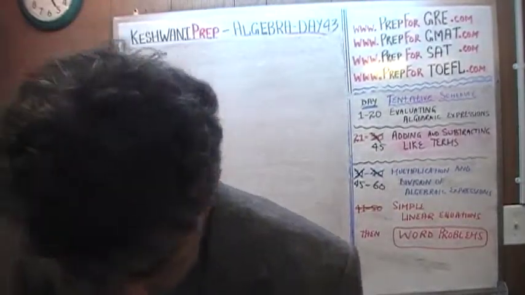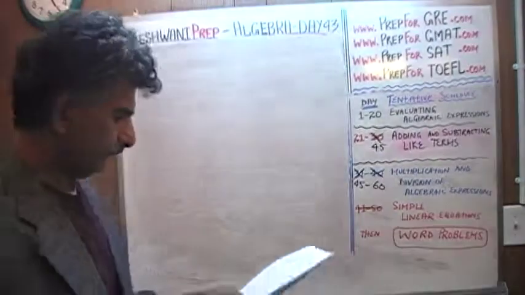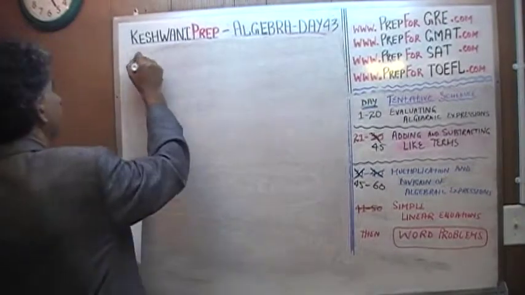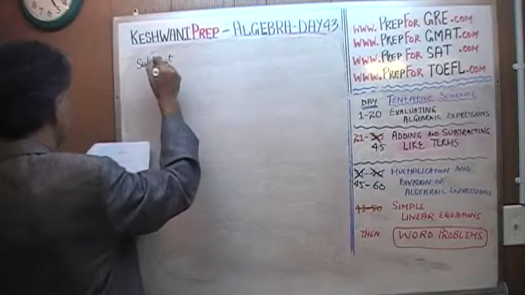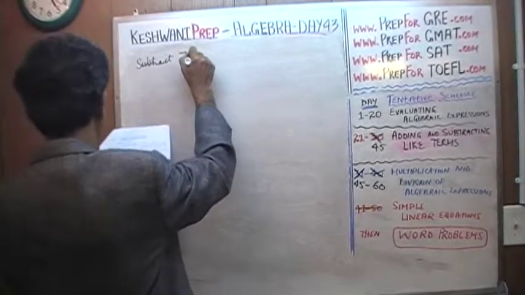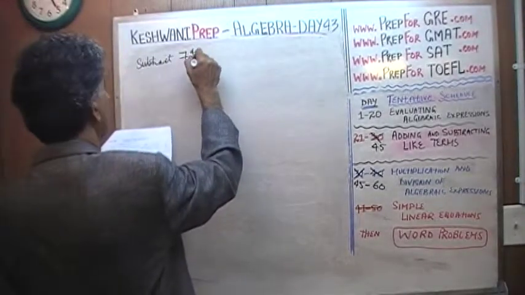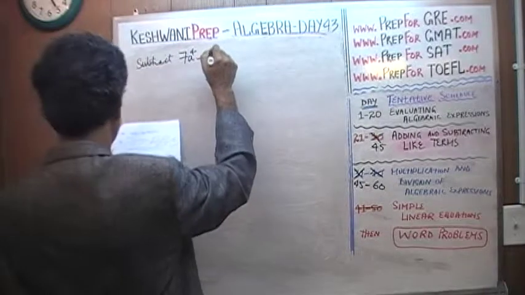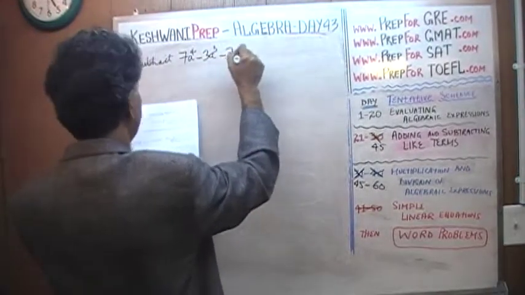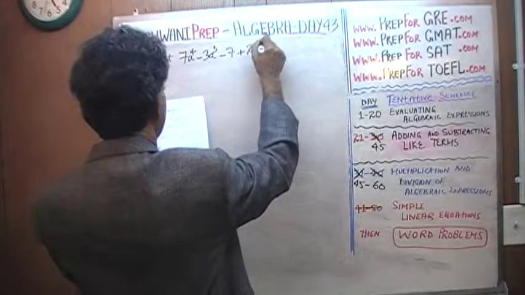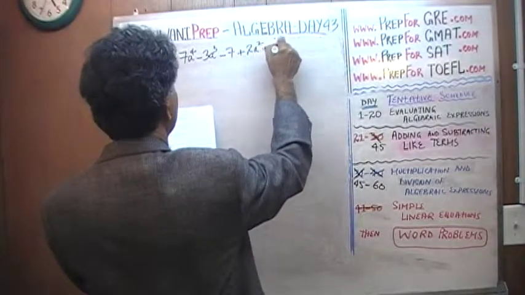So here's the problem for day number 43. We are asked to subtract 7a to the fourth minus 3a cubed minus 7 plus 2a squared plus 5a.